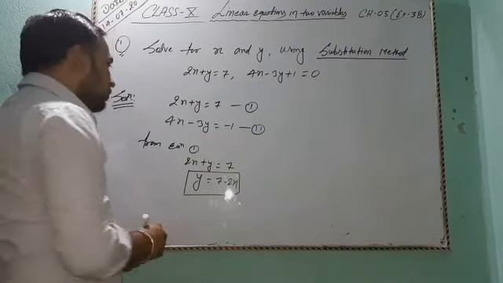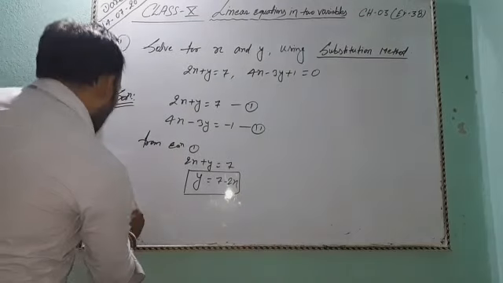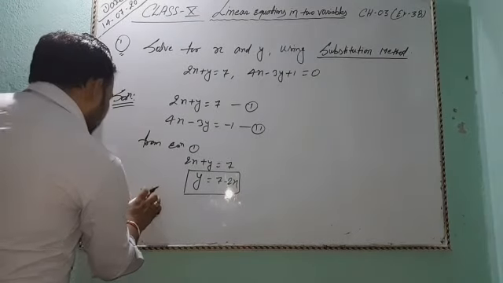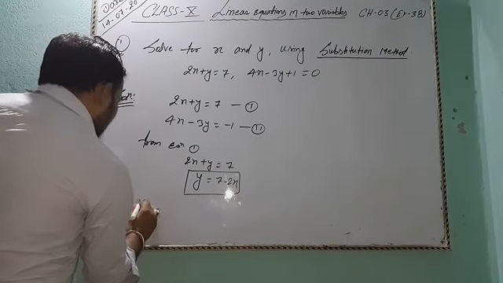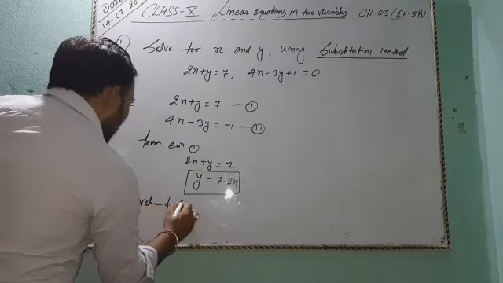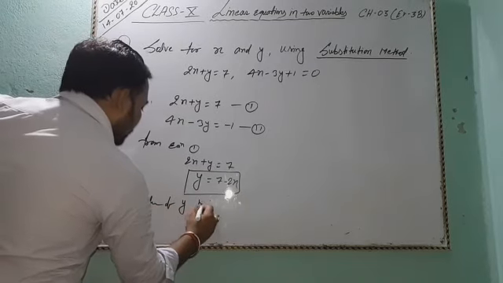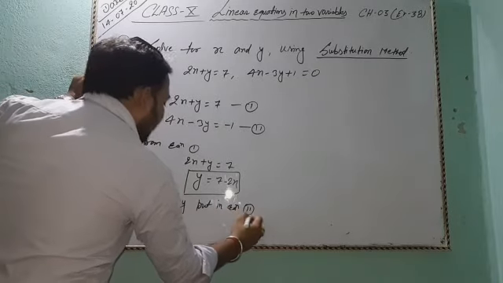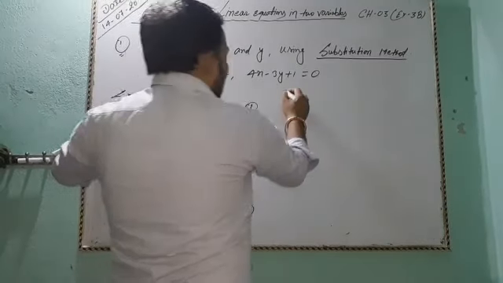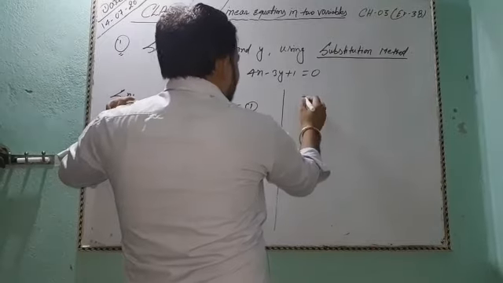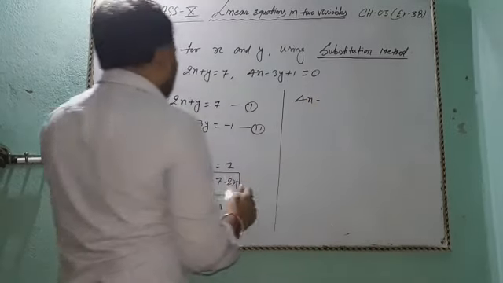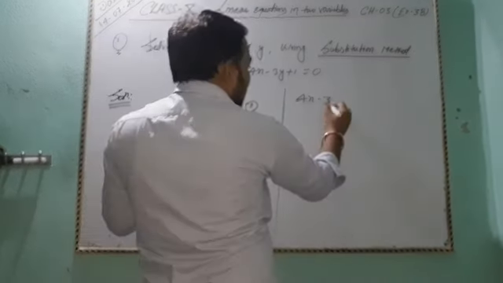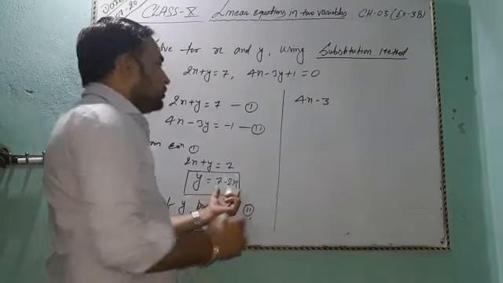So the value of y, put in equation second. So 4x minus 3y, and the value of y is 7 minus 2x.